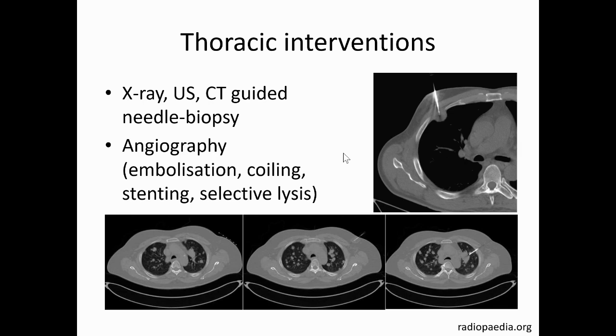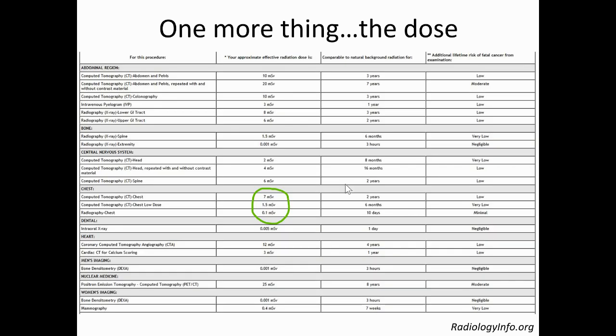So in terms of the thorax, we usually take a biopsy out of nodules or single site metastases, or we can perform embolization of lesions, put coils into arteries or stent them, and perform selective lysis. But these are very uncommon at my hospital.